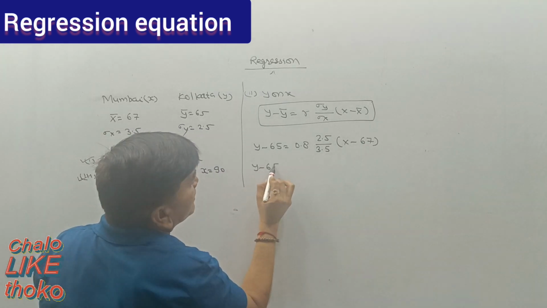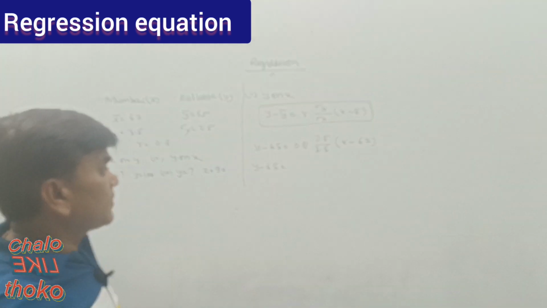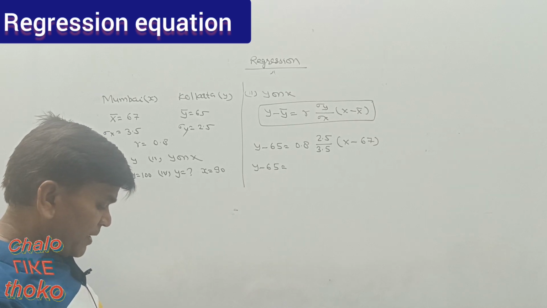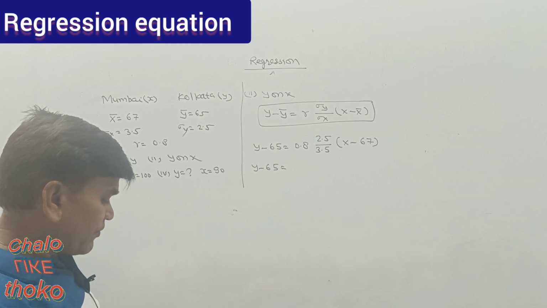So Y minus 65 equals 0.8 multiplied by 2.5 divided by 3.5, so this will be 0.57.